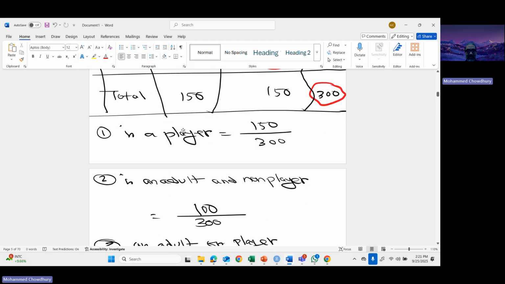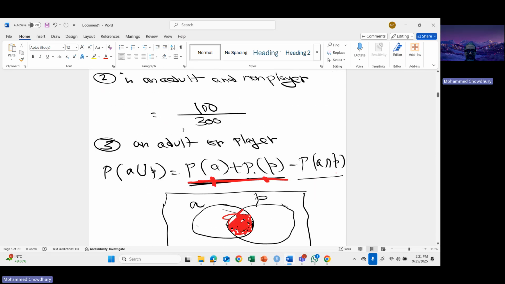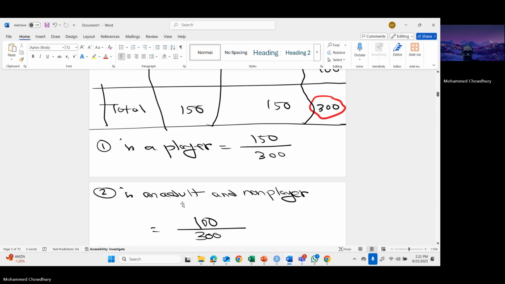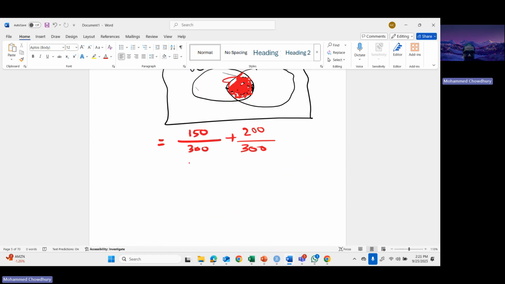I'm sorry, let me write it here. 200 adult out of 300 and 150 player out of 300. This is for probability of adult and this is for probability of player, okay?